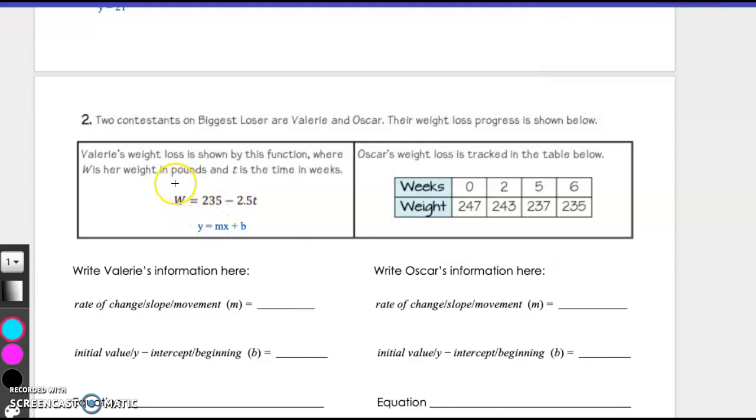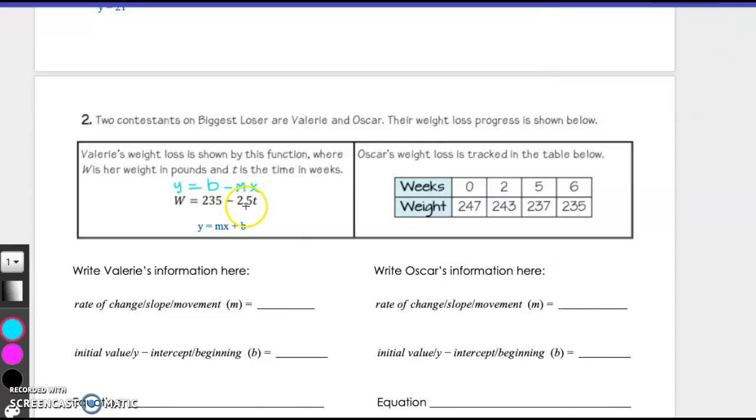Usually y equals matches up, but usually this is mx, and there isn't a variable attached right here. So actually this is our beginning. This is our b, and then it's minus our m, and then x is t for time in this scenario. A little bit of a funky way to set it up, but we pieced the puzzle together.